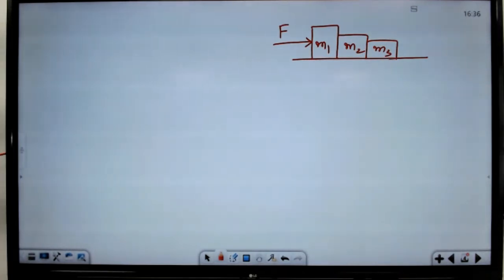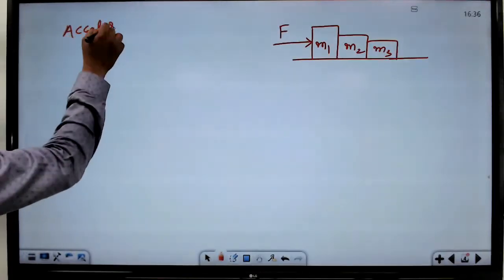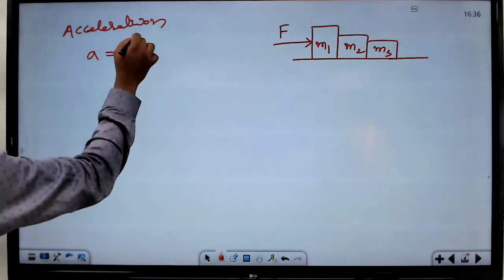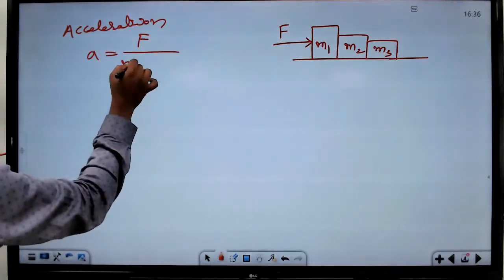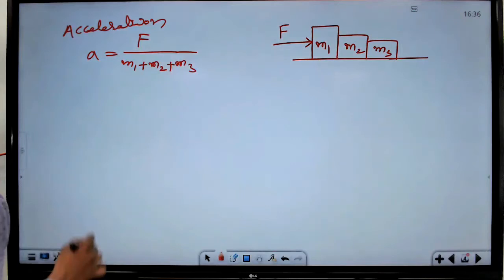If 3 objects are placed in contact and F is the force acting on that one, what is the acceleration? Force F by total mass. M1 plus M2 plus M3 is the acceleration.